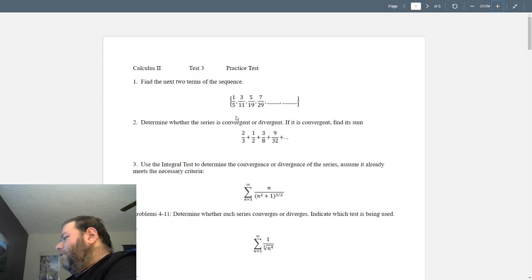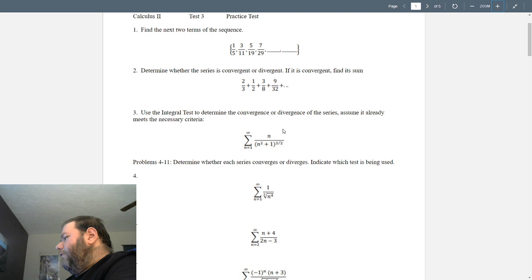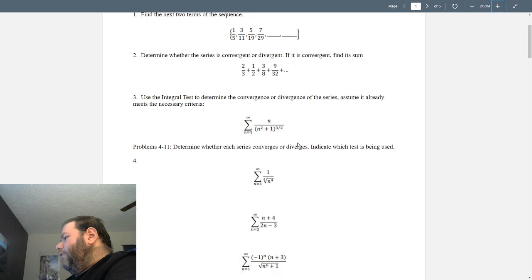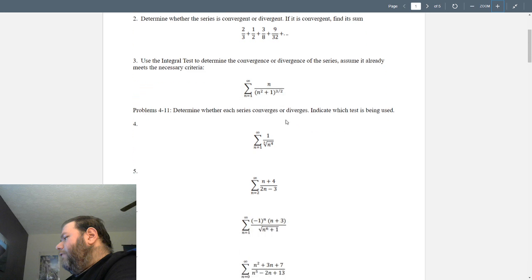So this is back where we are. The third problem, use the integral test to determine convergence or divergence. So just use the integral test there. 4 through 11 don't really tell us what tests, so it's really a matter of figuring out what we are looking at here.